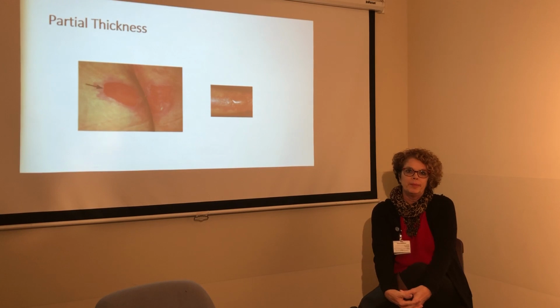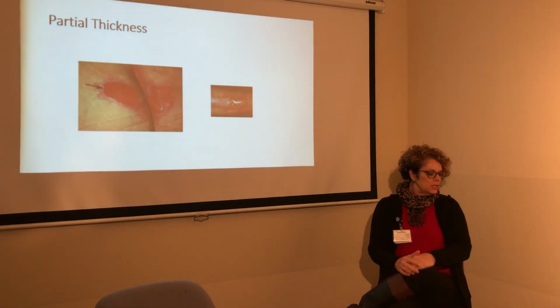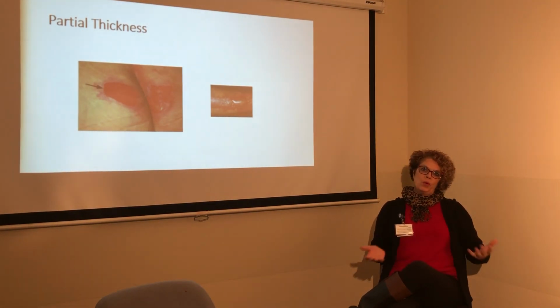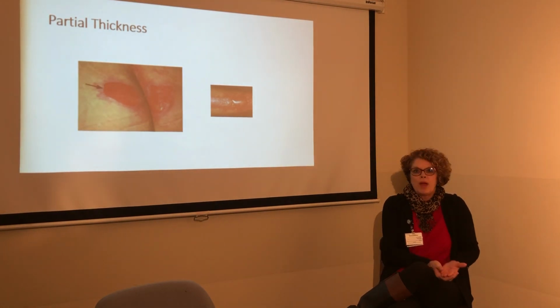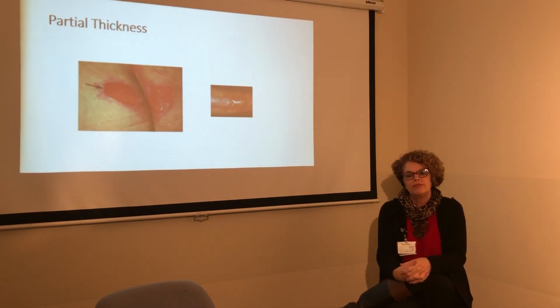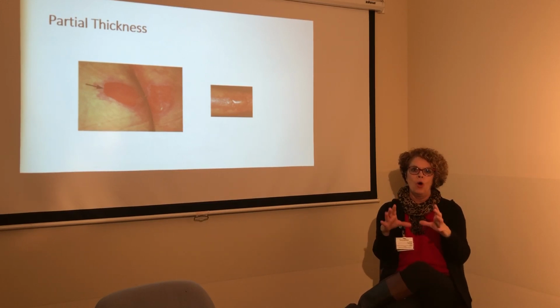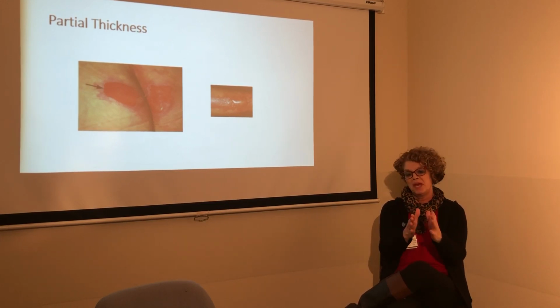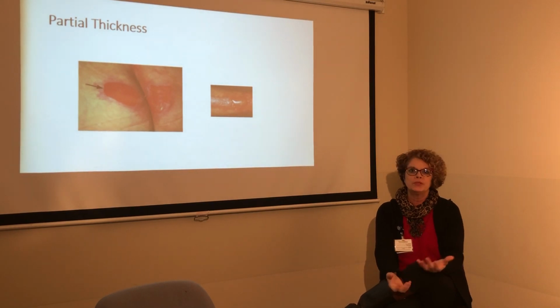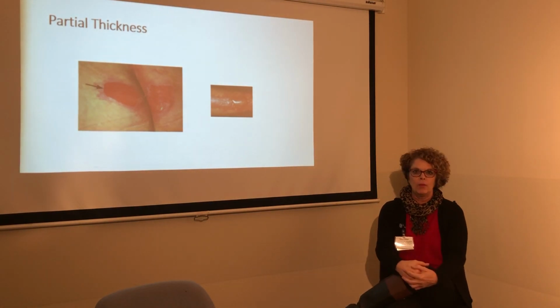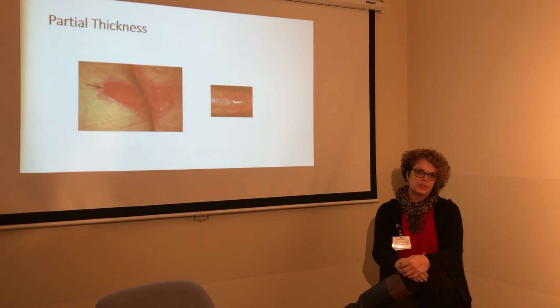And we talked a little bit about red, yellow, black. So for instance, you could say that a wound is 50% beefy red and 50% yellow slough. Now again, no one's out measuring them. You're just glancing at the hole and making a decision. You go, yeah, that looks like about half of the wound is red, the other half is yellow. And so then you want to describe that percentage in your note.